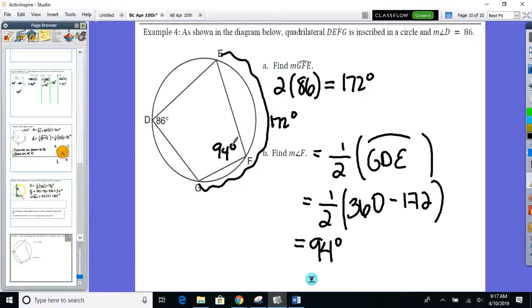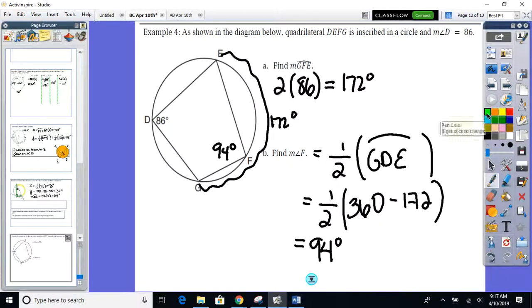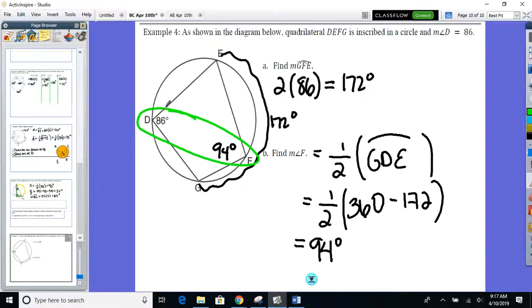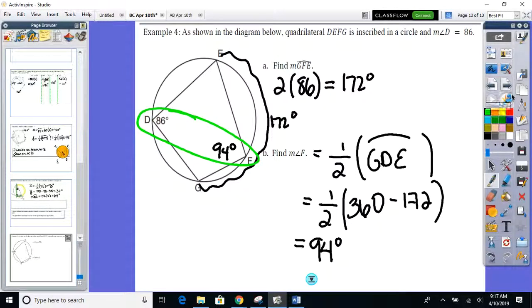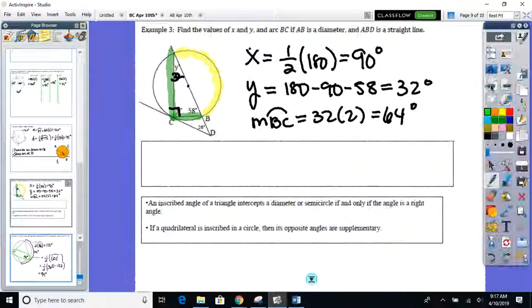So if you have a quadrilateral inscribed in a circle, what do you know about its opposite angles? 86 and 94, what do they add up to? 180. Quadrilateral inscribed in a circle, the opposite angles are supplementary. That's the fourth theorem right here.